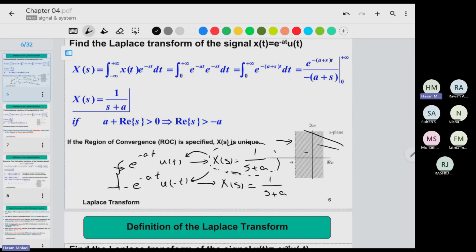Yes, this is right-sided. This signal is again right-sided, but this signal is left-sided. So the Laplace inverse of this Laplace transform is the top one, the right-sided one.